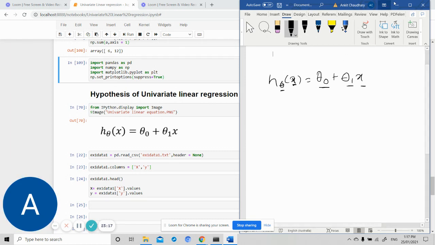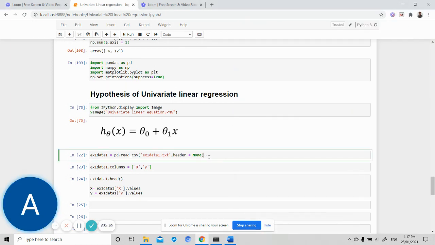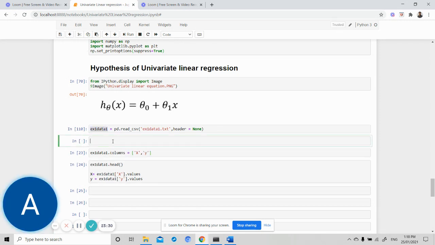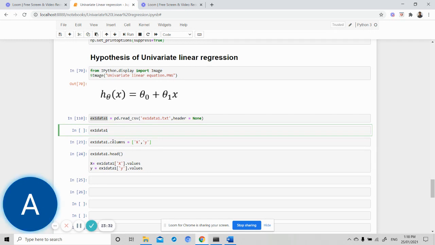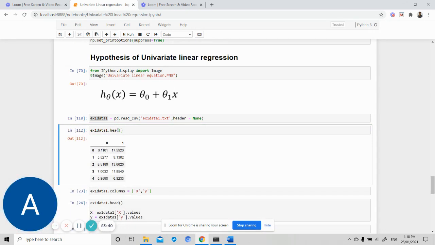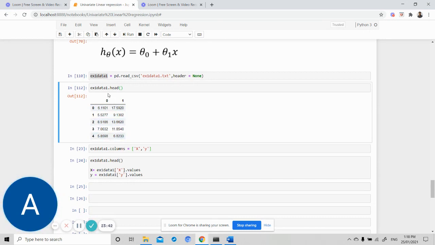Okay, so this is my file that I have taken from Andrew Ng Coursera data. This is the data that we see in the Coursera file. If we do Andrew Ng's Coursera course, we will find this data there, so I'm using that. If we look at the header, this is my one feature, and this is my output.